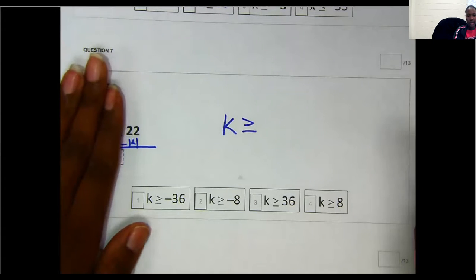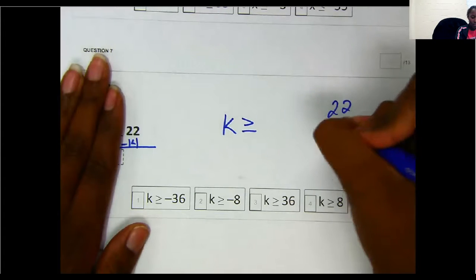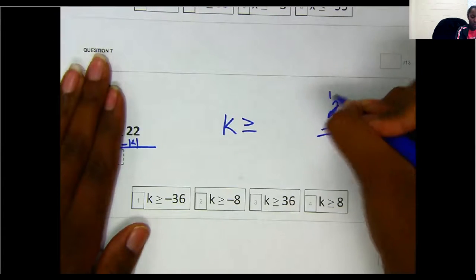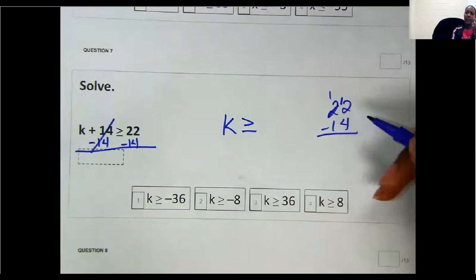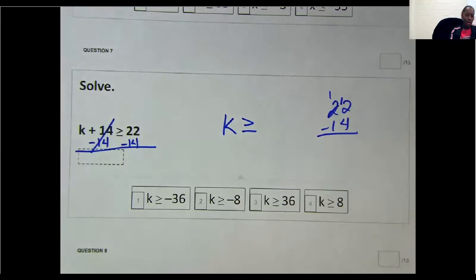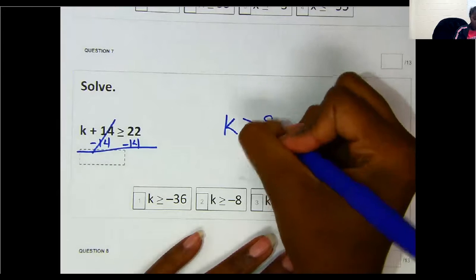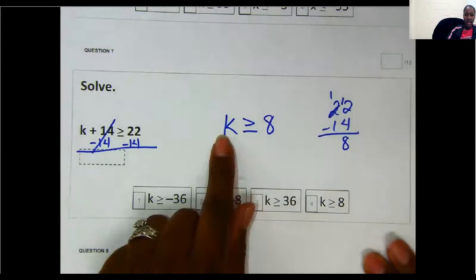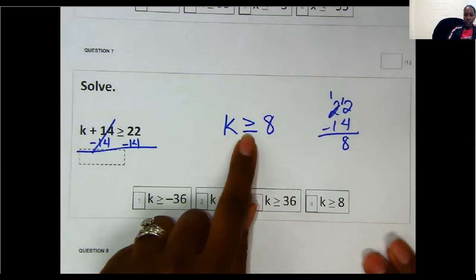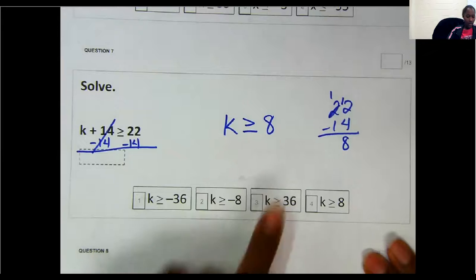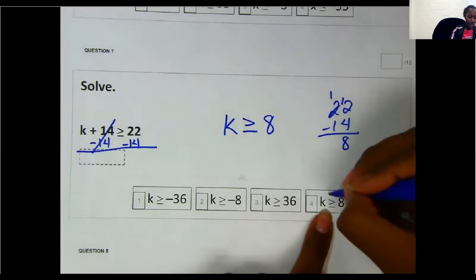And if I look at this side, it says 22 minus 14. I have to borrow. So we have 4, 5, 6, 7, 8, 9, 10, 11, 12, which is 8. 1 minus 1 is 0. So I have K is greater than or equal to 8. And I see that right here.